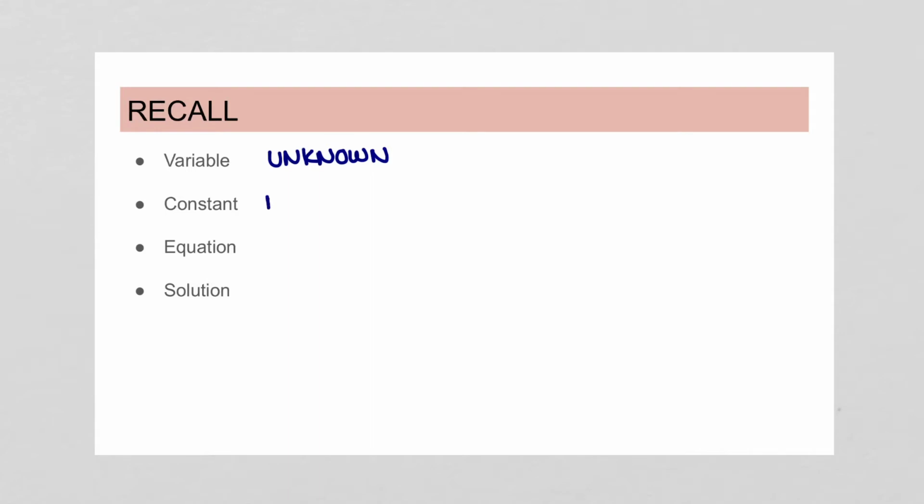A constant we know is a number that is constantly the same, like 4 is always 4. It doesn't wake up and suddenly turn into 17. An equation is 2 values that are set equal to each other. And a solution is a value that makes that statement or that equation true.